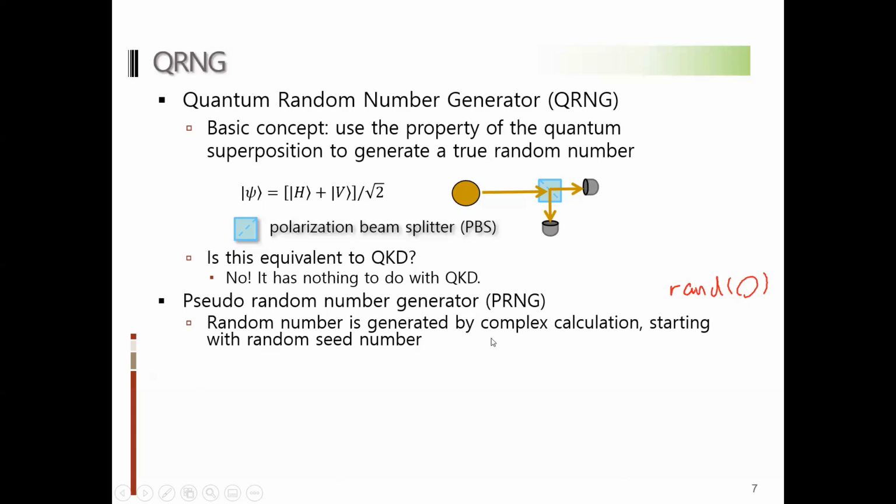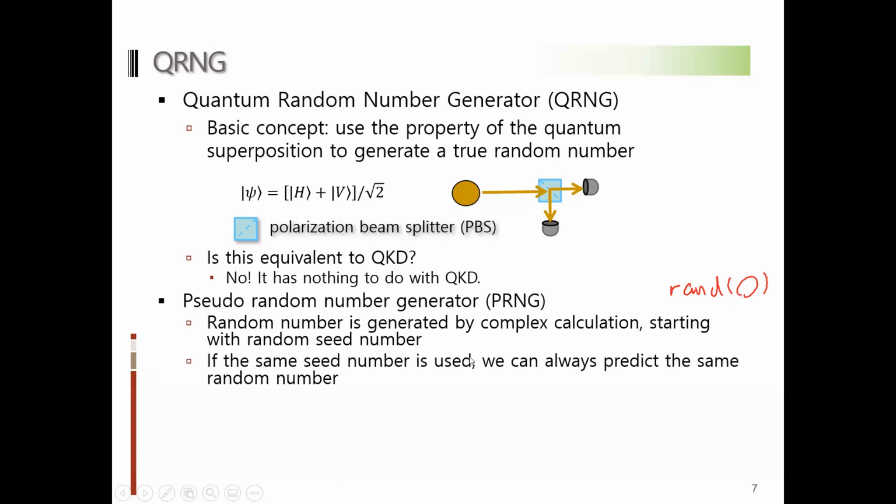Because the random number generation is done through very complex calculation, if we use the same seed number, then even though the pattern of the generated numbers might look completely random, it is completely predictable as long as you know the seed number.